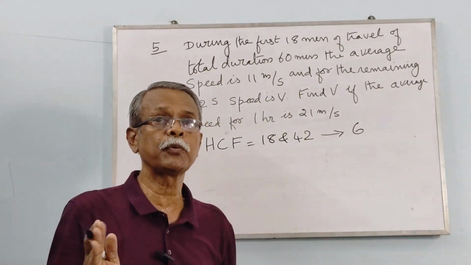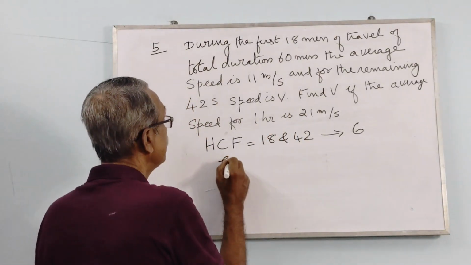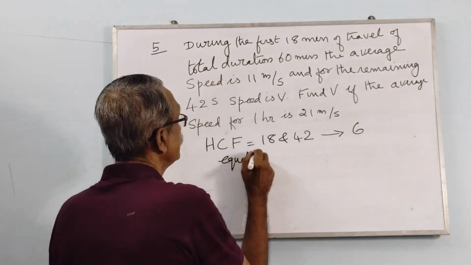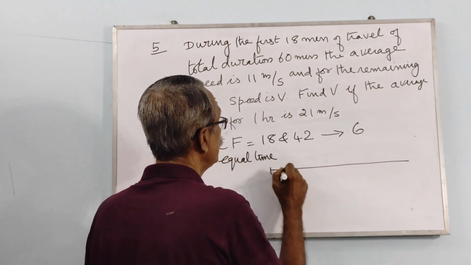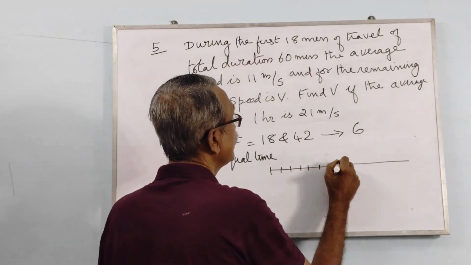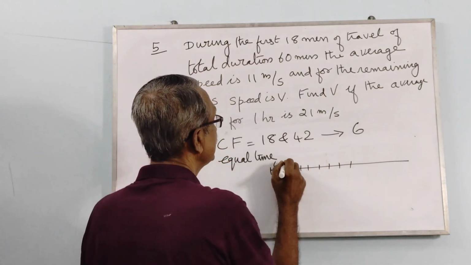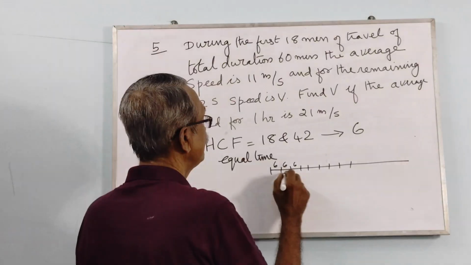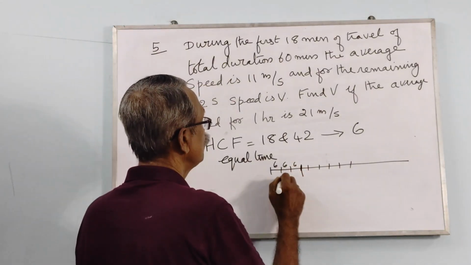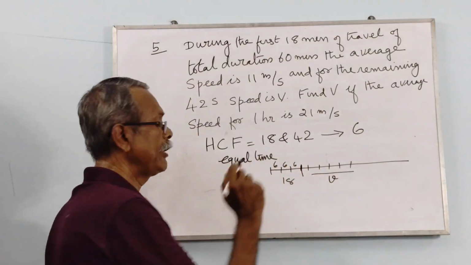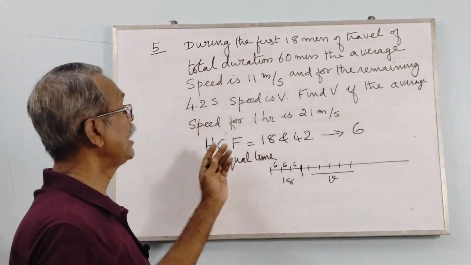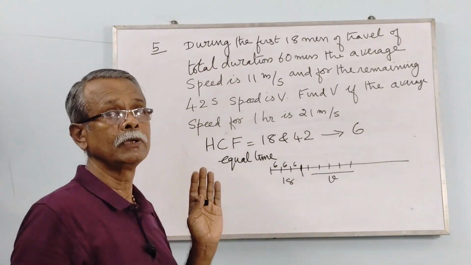And now this is a situation of equal time. You divide this into 10 equal parts, 6, 6, 6 like that. For the first 3 of them, this will be 18, and for the next 7 of them, you have to calculate V. So we can use the equal time principle.